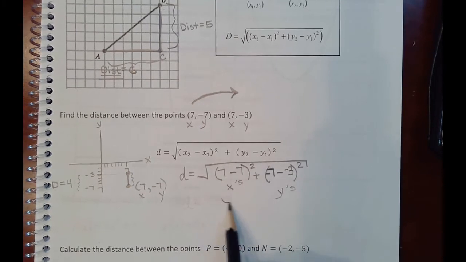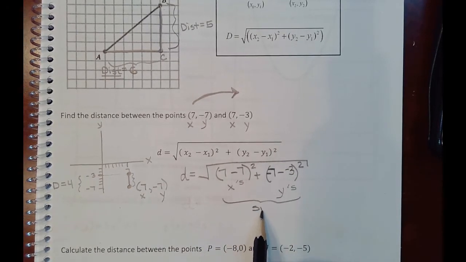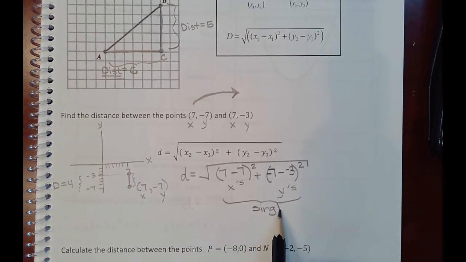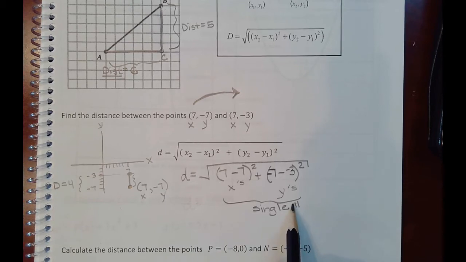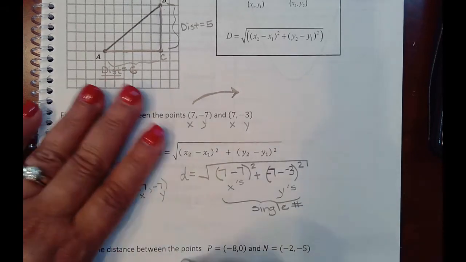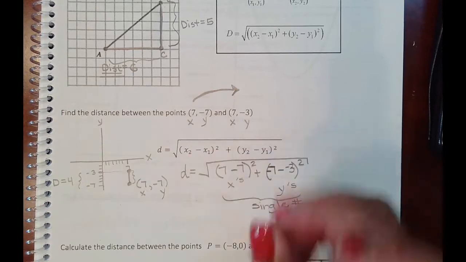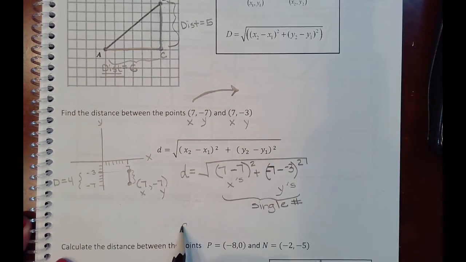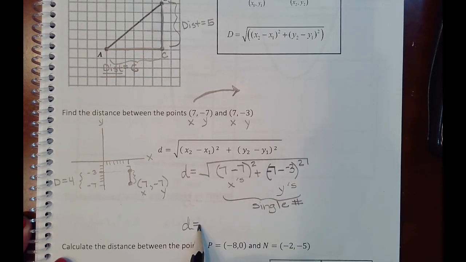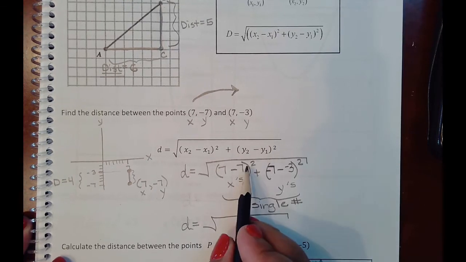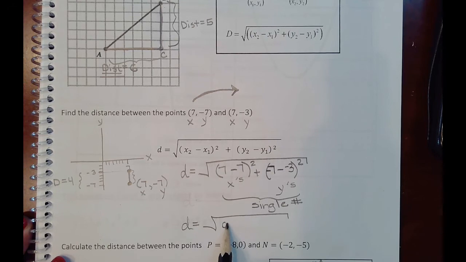Okay, when you continue to simplify this, you want to simplify this all the way until you have a single number underneath the square root symbol. You're going to keep simplifying it and simplifying it until you've accomplished that. So here we go. We're going to start whittling this down to a single number. Okay, in the first parenthesis with the square on it, 7 minus 7, that's 0.